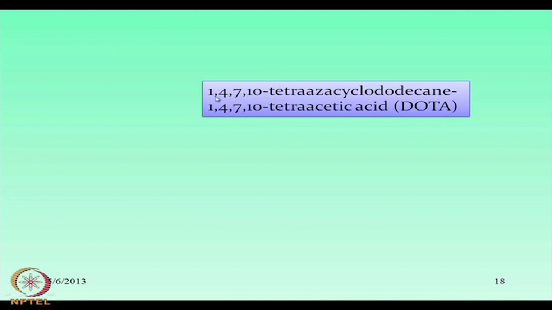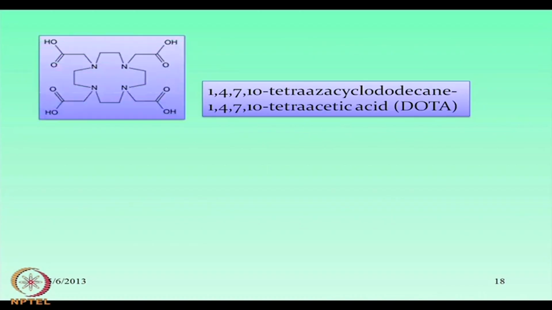If we derivatize all 4 nitrogen groups with acetic acid functionality, that means the carboxylic acid functionality at all the same positions, we get a ligand which is octadentate in nature and known as DOTA.